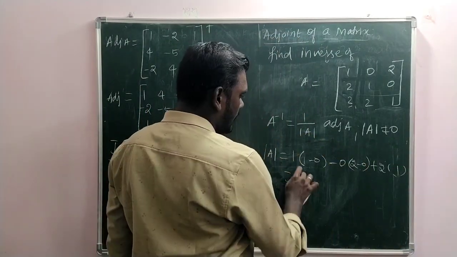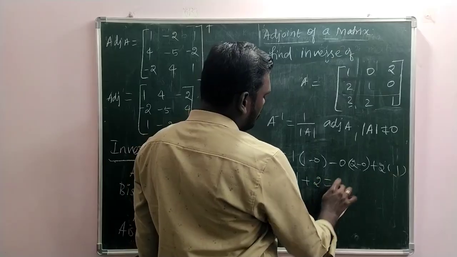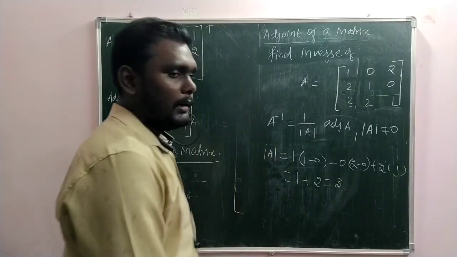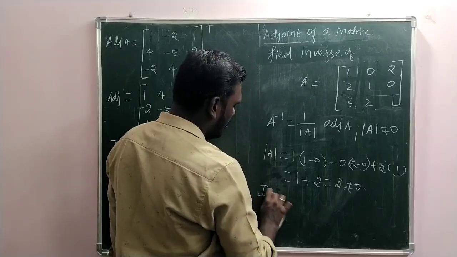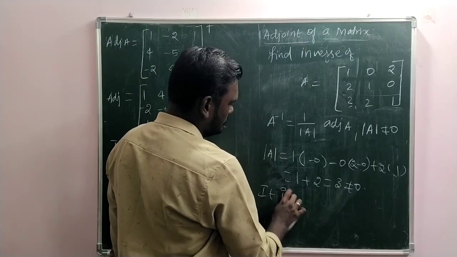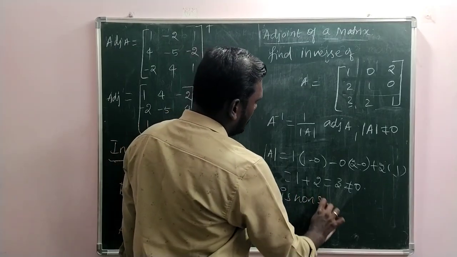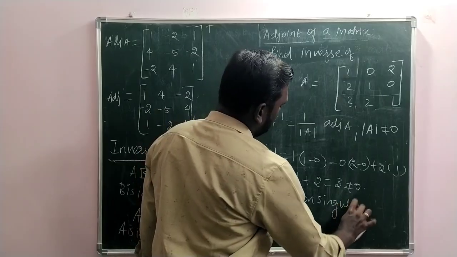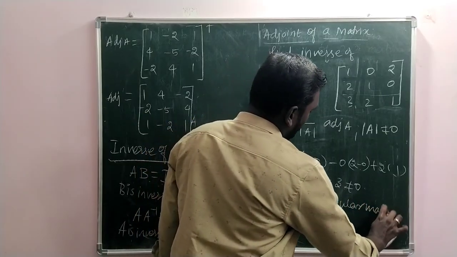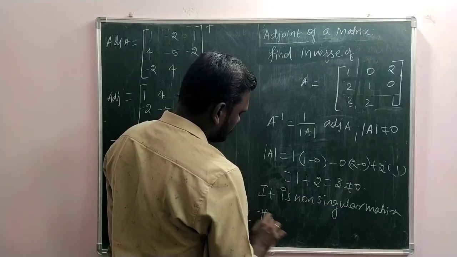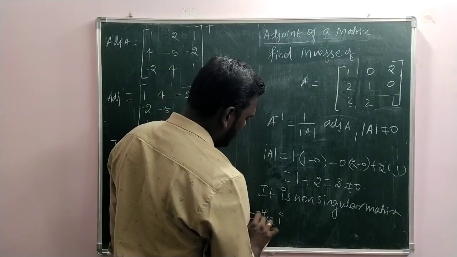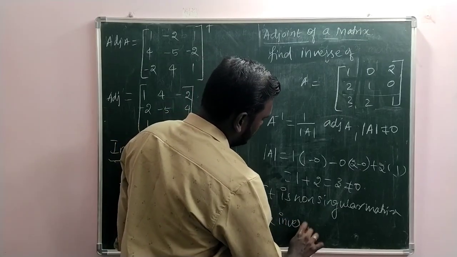So we'll get 1 plus 2, so 3 is the determinant value, which is not equal to 0. So it is not singular. It is a non-singular matrix, which implies the inverse exists.